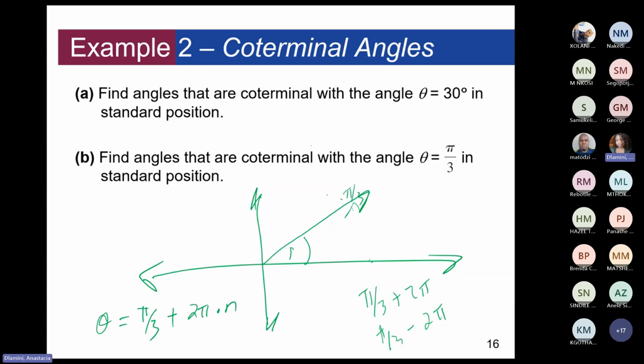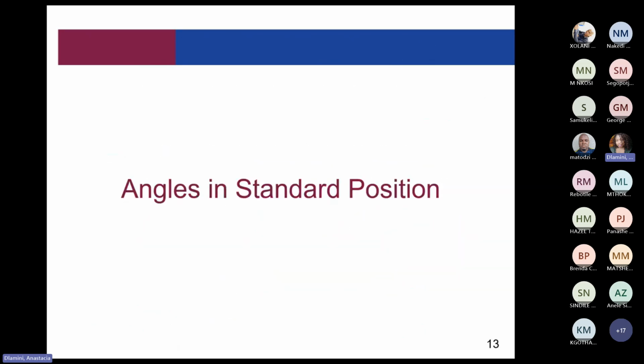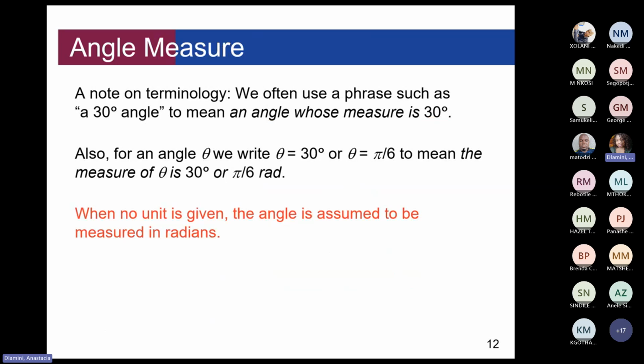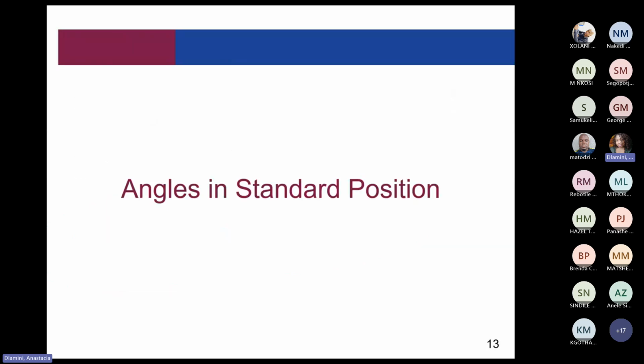This is just the same as 60 degrees plus 360 degrees times n. You can, but you need to remember to convert it back, because as they said in the red highlighting, when no unit is given for angles, you should assume we're talking about radians. Okay, will do, ma'am. So in this case, it is radians, yes.